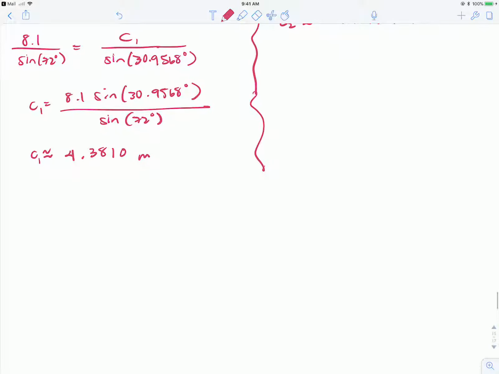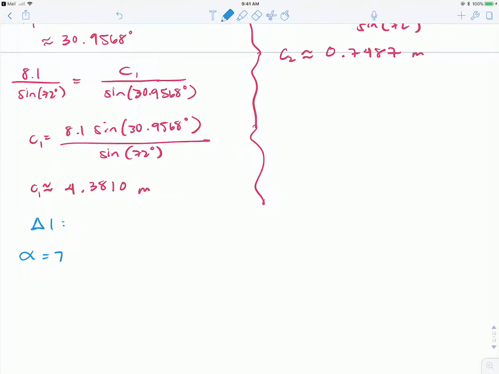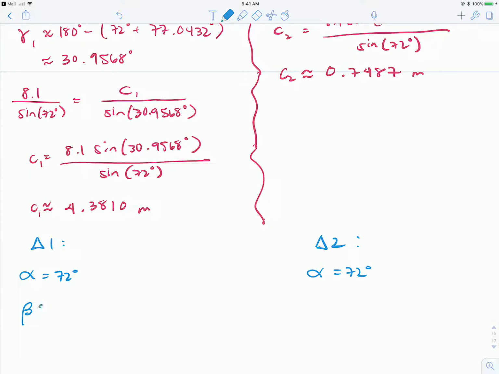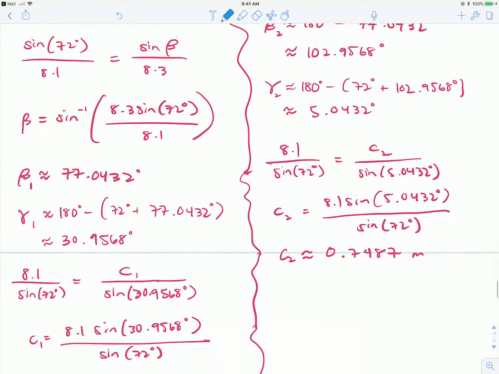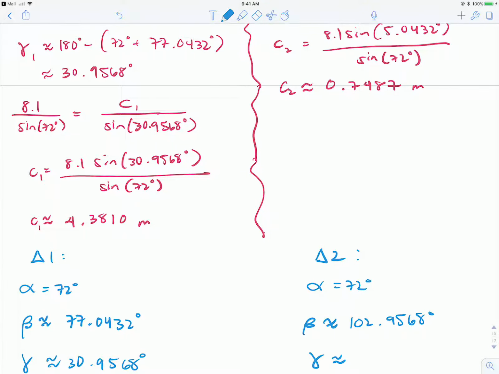Okay, so we have two triangles to summarize now. Triangle 1, alpha 72 degrees, same for triangle 2. Beta, gamma, and our sides.